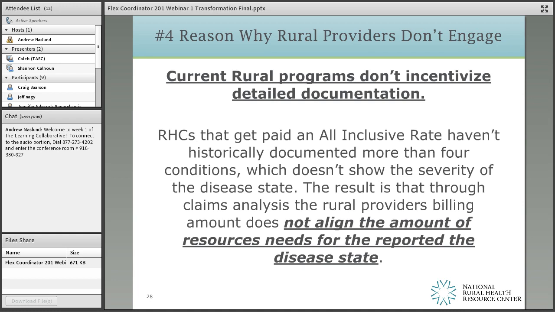And the reality is, in pay for value, it's about payment based on the resources needed to care for that disease state. So they're willing to pay more for people who are sicker, but they need proof that that patient is sick. And so that's this hierarchical condition category coding that I'm talking about.